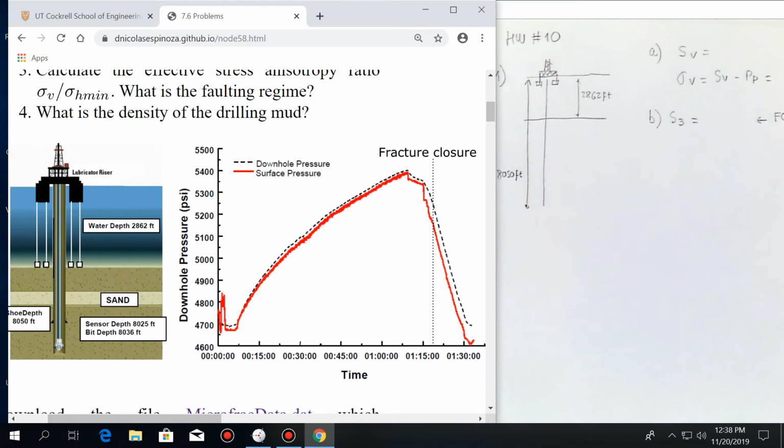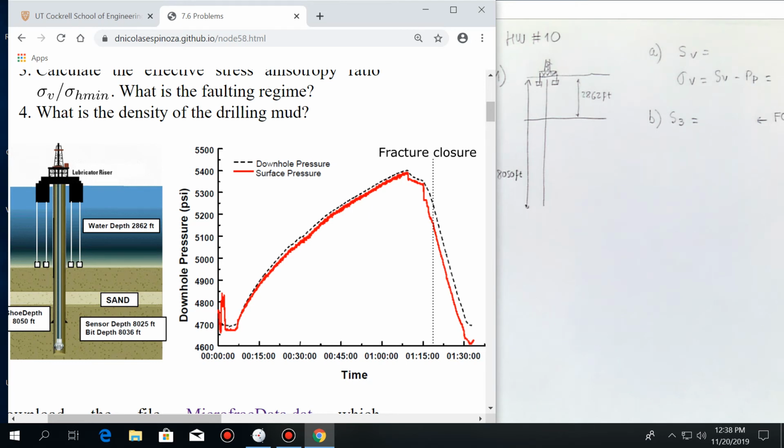Yes, there is going to be friction in it, but what would be the most important component? The hydrostatic column of the fluid that goes from surface to downhole conditions. If you're running a leak-off test, then you're going to have a hydrostatic column of drilling mud. If you're running a DFIT test, you're going to have a hydraulic column of fracturing fluid.